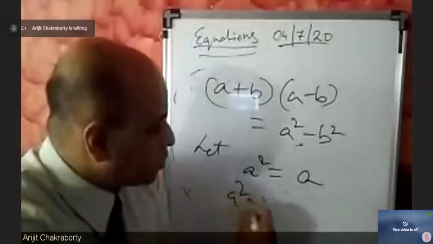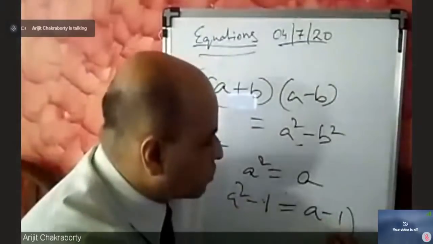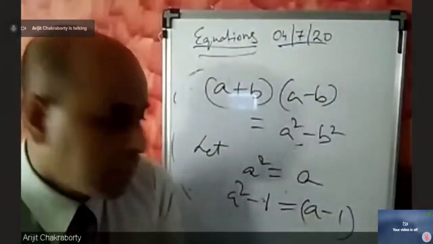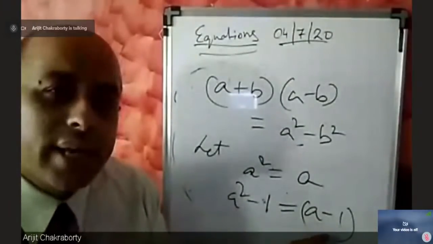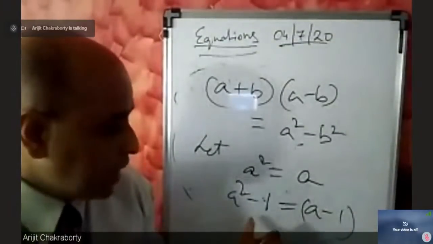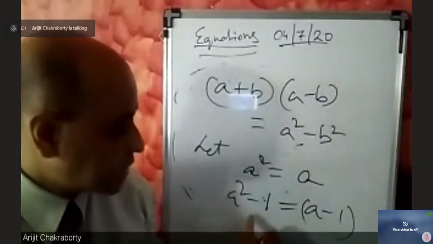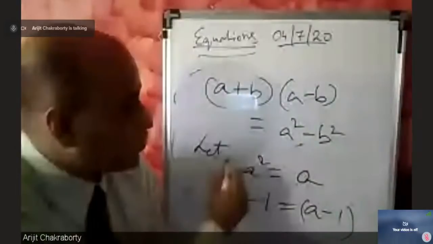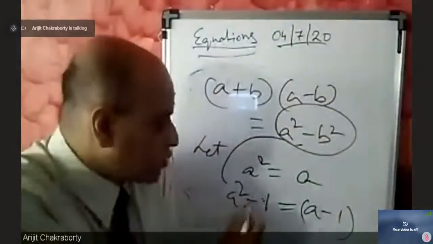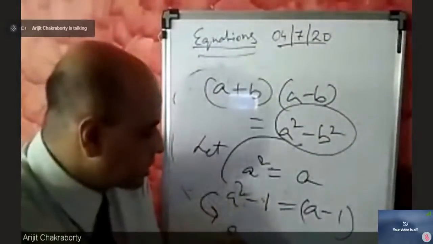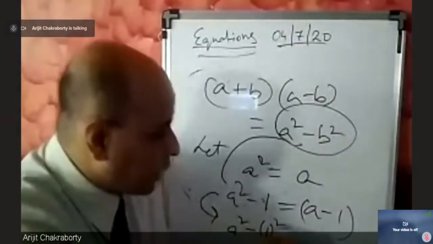You get a² - 1 = a - 1. Now the left hand side is a² - 1, the right hand side is a - 1. But please see, the left hand side is of the form a² - b², because a² - 1 actually means a² - 1².